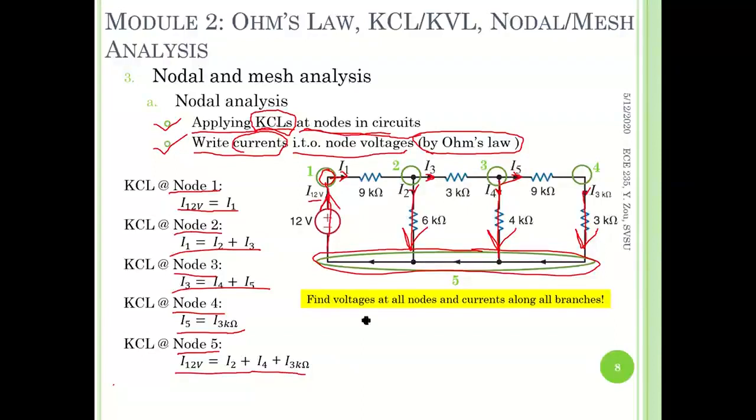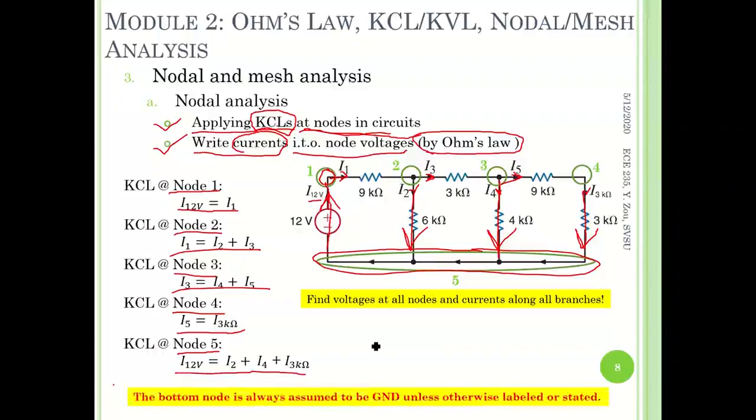From these KCLs, we can move forward. But before that, there's one thing I want to clarify and emphasize. In the rest of the class, we will assume the bottom node, which is 5 in this particular circuit, as ground, unless otherwise labeled or stated.